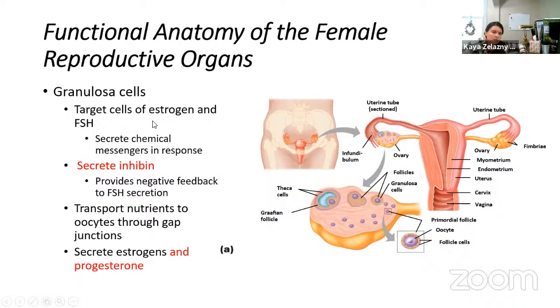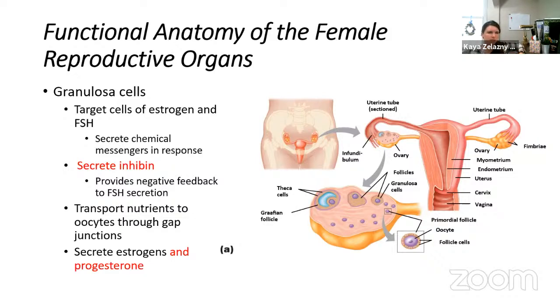So while the granulosa cells are not the ones that carry the genetic information for sexual reproduction, they are important because they're the target of hormones. So they're kind of analogous to the Sertoli cells in males, where we had the androgens coming in and the Sertoli cells were kind of supporting development.